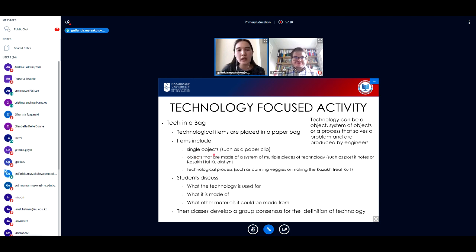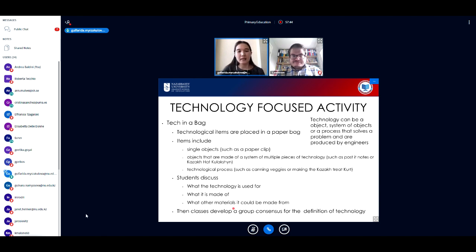It is single object technology, for example, a paperclip; objects that are made of a system of multiple pieces of technology, for example, the Kazakh kulakshyn, if you know it; and technological processes such as, for example, doing commerce, doing court, and so on. With their eyes closed, they should guess what technology it is, and after that they should discuss what the technology is used for, what it is made of, and what other materials it could be made from.